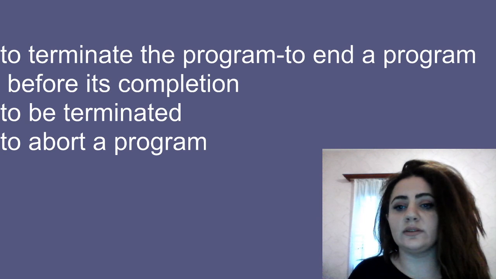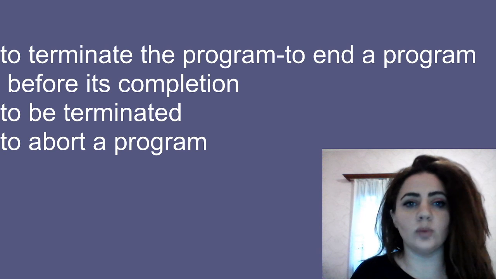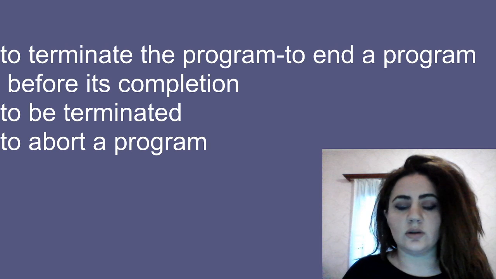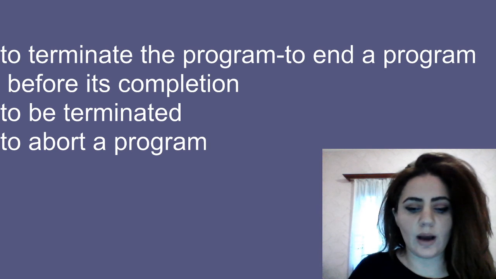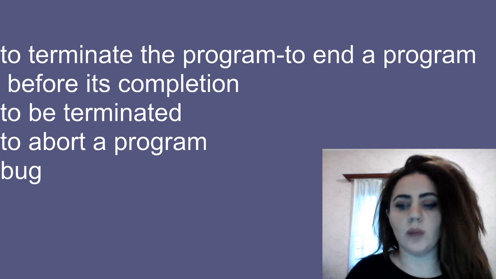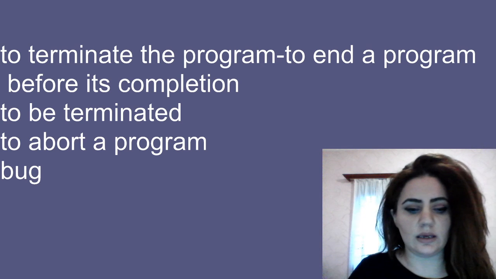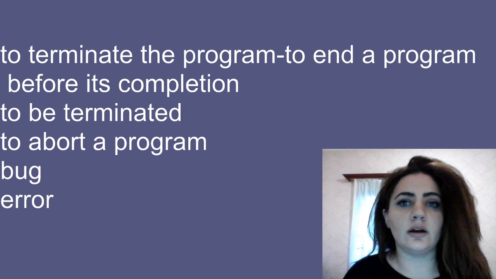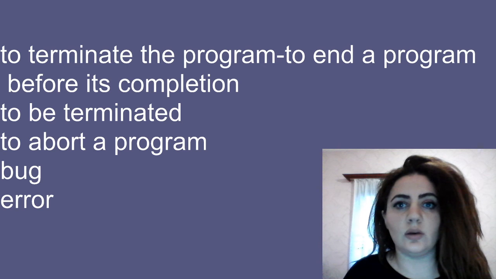And now let's go on and let's learn new words. So the next word is bug. What is bug? Bug, also we can say error. So bug and errors are mistakes, but in IT English we don't say mistakes, we must say bugs and errors.